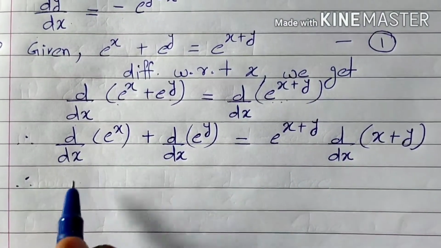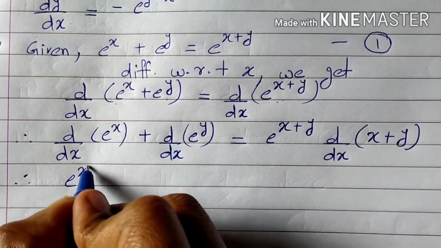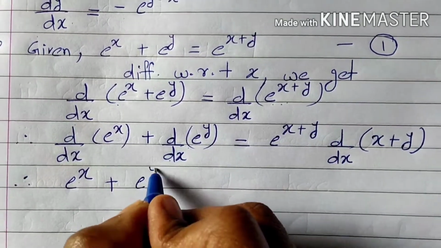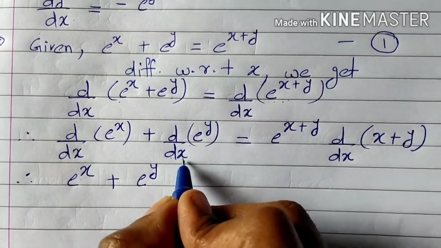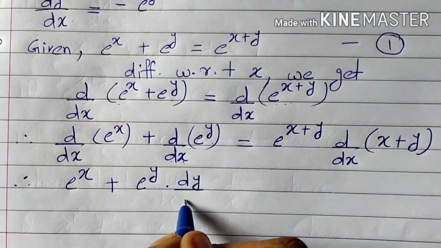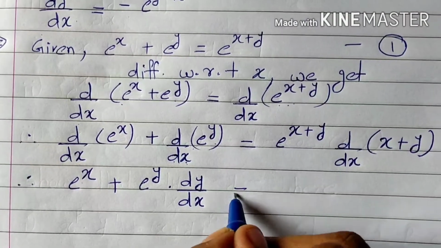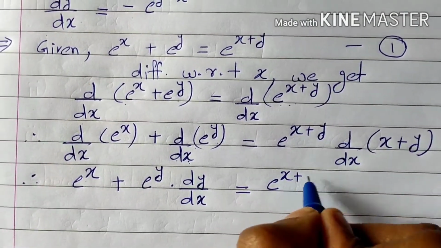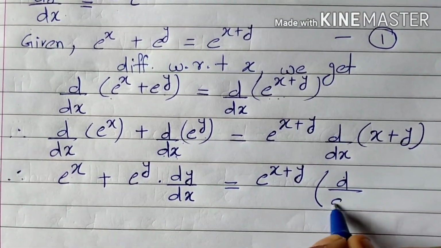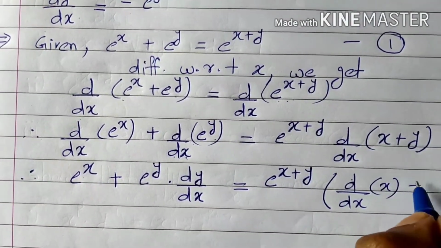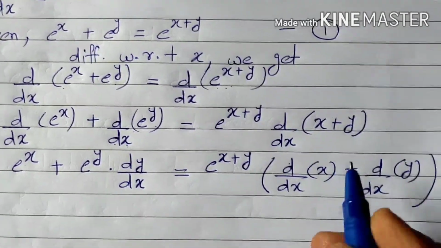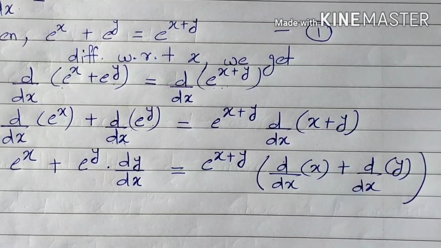Therefore derivative of e raised to x is e raised to x as it is. Derivative of e raised to y with respect to x is e raised to y, but with respect to x, x is independent and y is dependent. That's why the derivative of it is e raised to y into dy by dx. Then e raised to x plus y as it is, and derivative of x plus y is d by dx of x plus d by dx of y, because it is a sum, so apply the sum rule here.